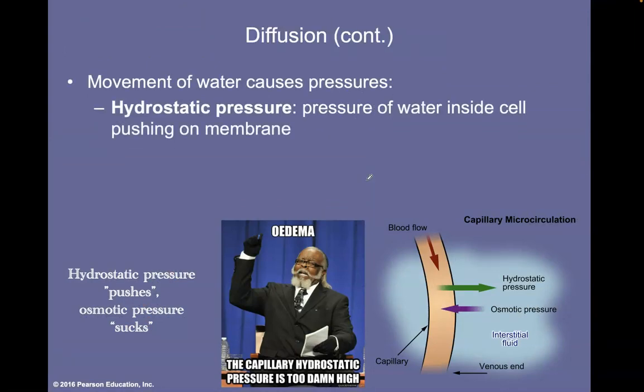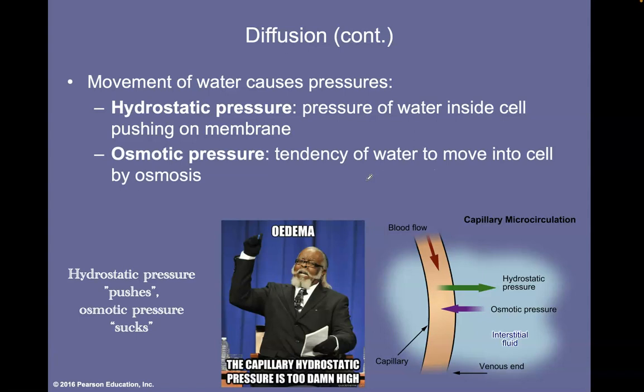The movement of water molecules, again, causes pressures. So there's hydrostatic pressure, which is simply the pressure of water. You guys know hydrostatic pressure, like if you've ever had a hose and you put a nozzle on it, you can create higher hydrostatic pressure by putting a narrow nozzle on it.